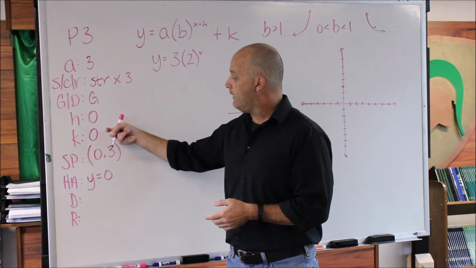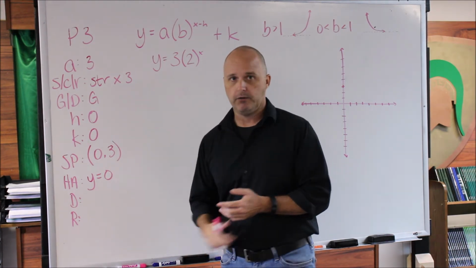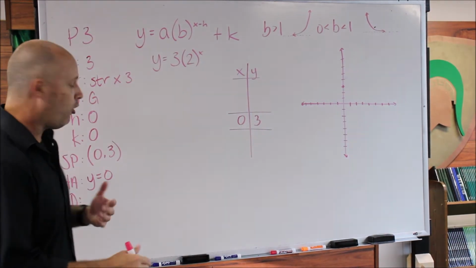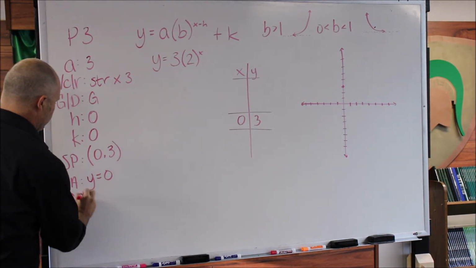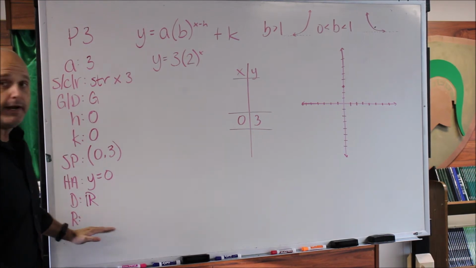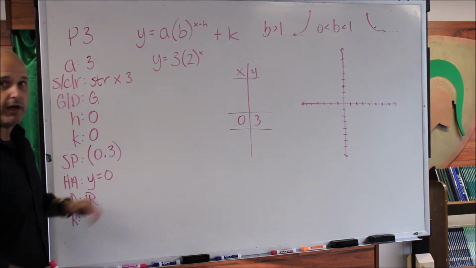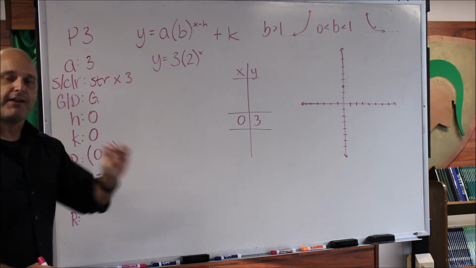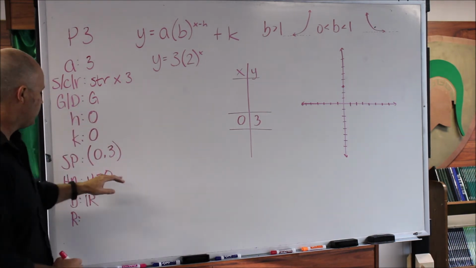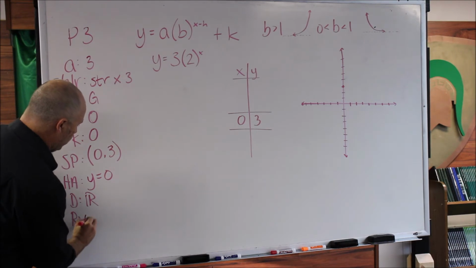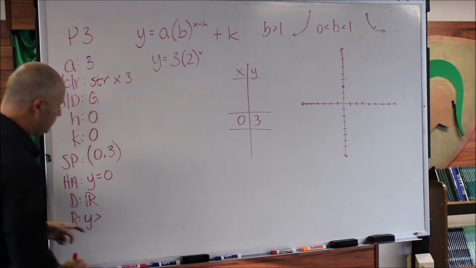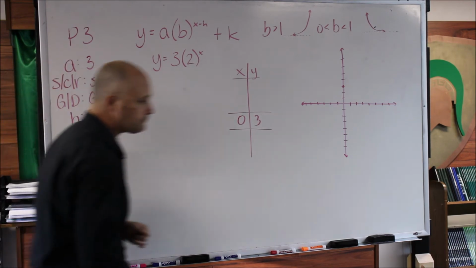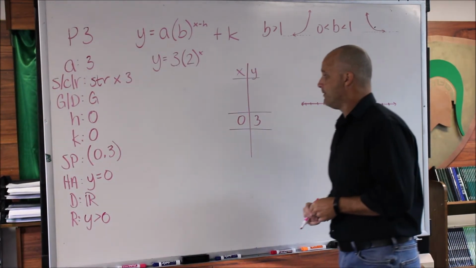So since our k value is 0, we're going to put y equals 0. Our domain, we're going to go back to having all real numbers for our domain, and then our range is going to be restricted by our horizontal asymptote. But this time, the graph cannot touch the horizontal asymptote. So instead of saying y is greater than or equal to 0, we're just going to put y is greater than 0. And so that's going to be our range there.